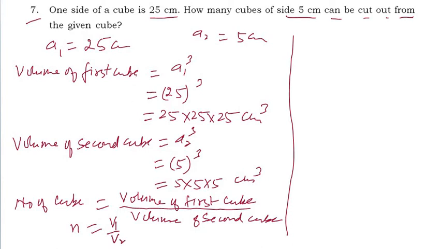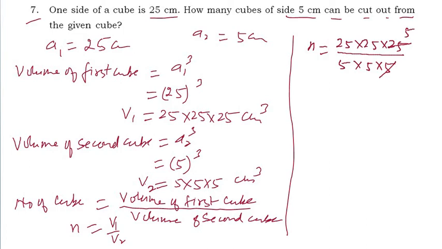So the first cube is V1, and the second cube is V2. Now number is equal to V1, that is 25 into 25 into 25, upon V2, that is 5 into 5 into 5. 5 5s are 25, and 5 1s are 5, and 5 1s are 5.